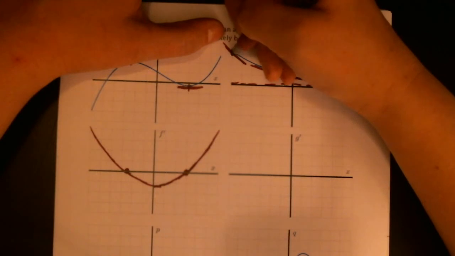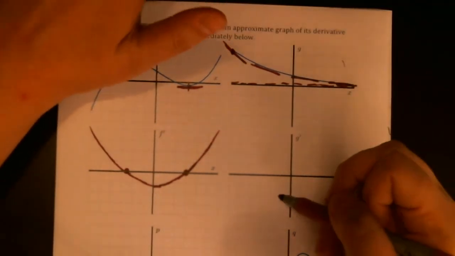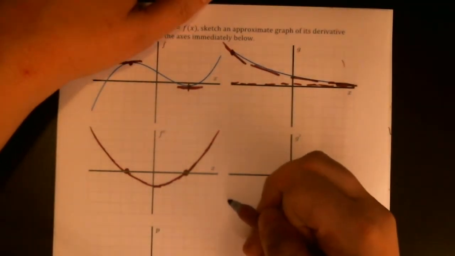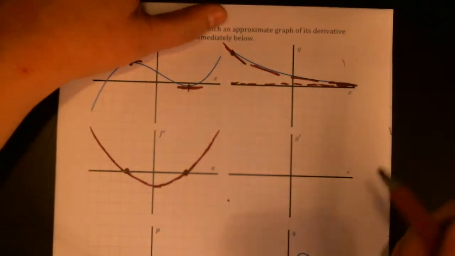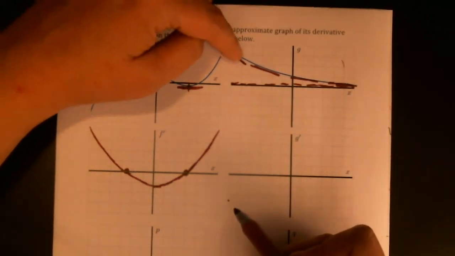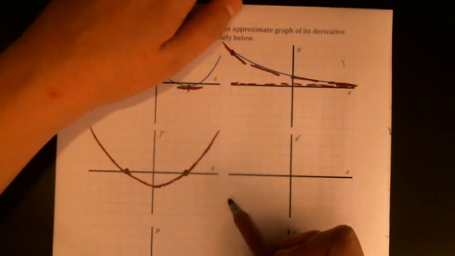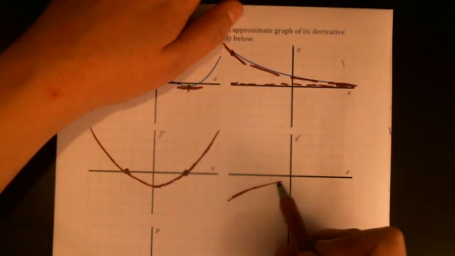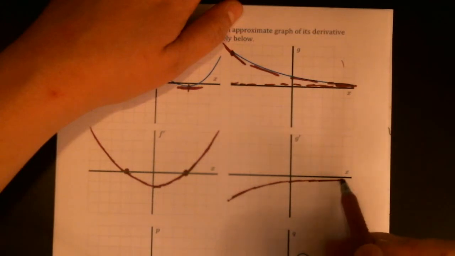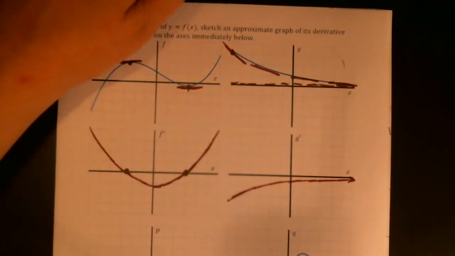So I need to start with some kind of medium-sized negative number, and then my negative slopes, which become my y values, are getting closer and closer and closer to 0. So y values are going to approach 0.